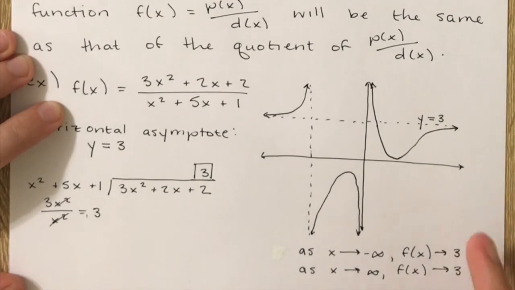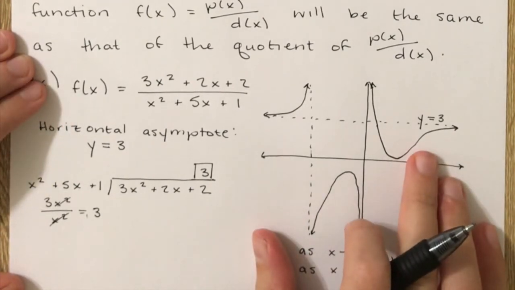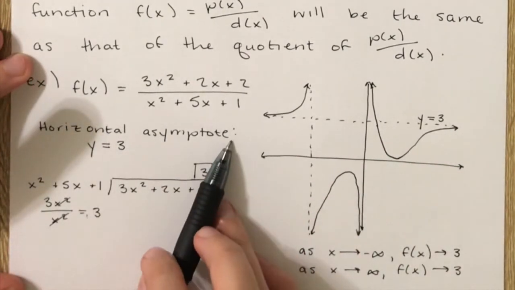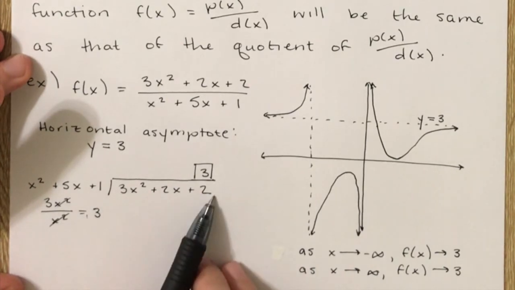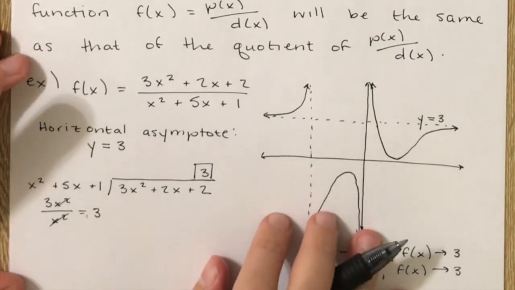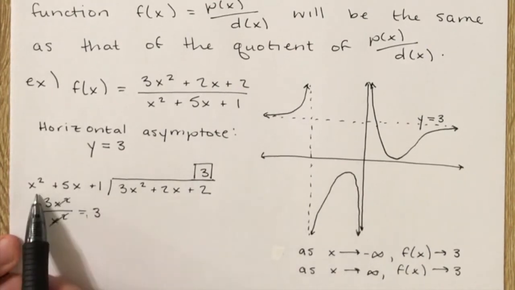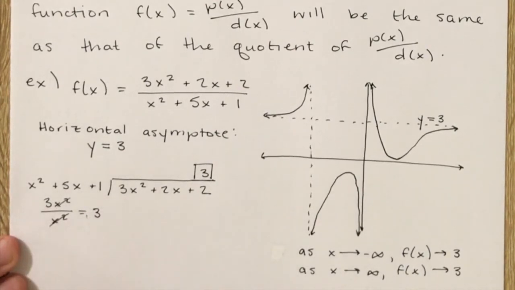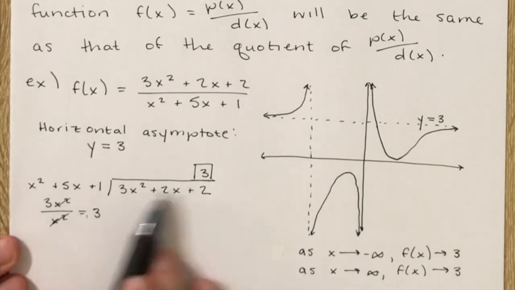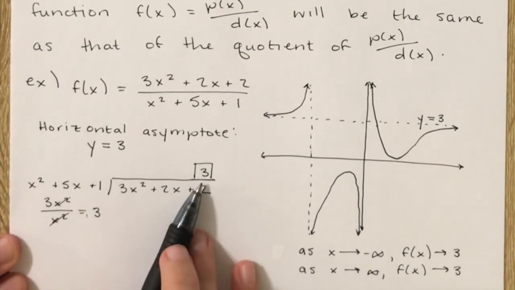So of course they have the same end behavior. We can find the horizontal asymptote by doing this division. And it didn't take very long, because we only had to find this guy.